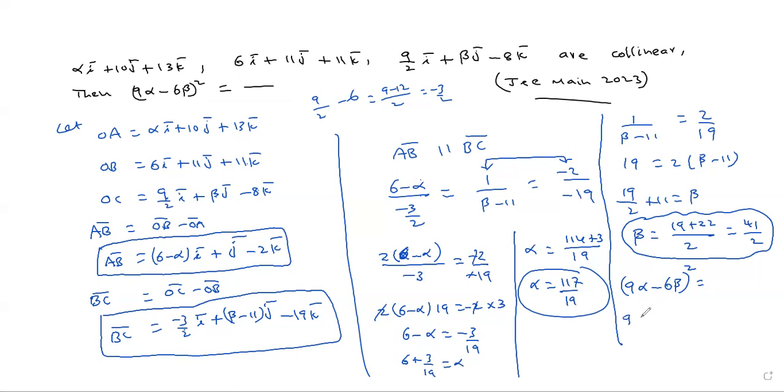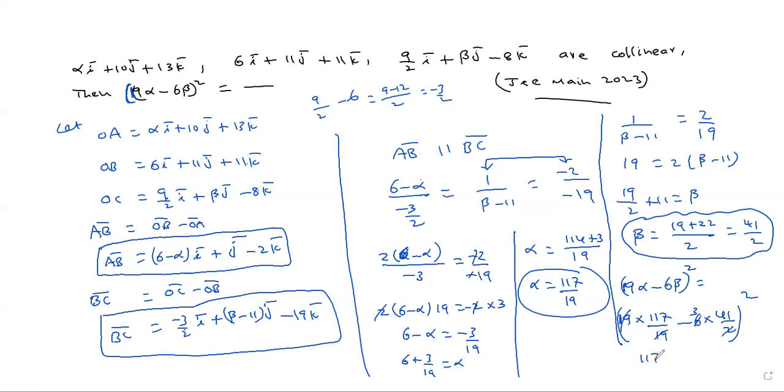So 19 into what is alpha? 117/19. Sorry, the given question has 19 alpha only, not 9. Okay, given question 19 alpha only, make it correct. 19 alpha. Okay, then it's very simple. Minus 6 into beta, 41/2. Okay, easy. The 19 cancels, and happy: 2 ones, 2 threes.